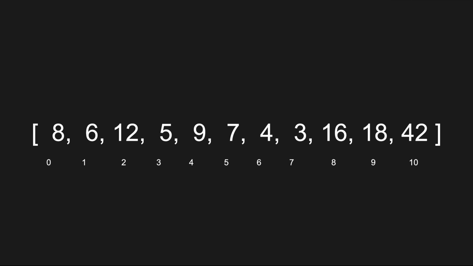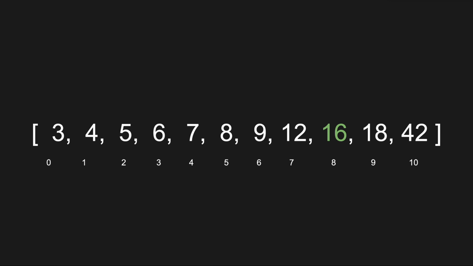Now let's explore binary search. Let's understand it by taking the same example. Here we are also searching for the key element 16. First, binary search works on sorted lists or arrays.